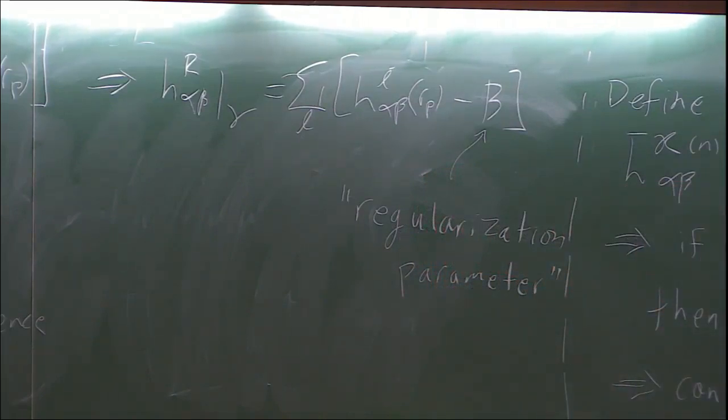So mode sum regularization is by far the most commonly used method of calculating the regular field in self-force calculations. You'll get a slightly more complicated formula for the self-force, but same basic idea. And you can analytically calculate what these regularization parameters are.